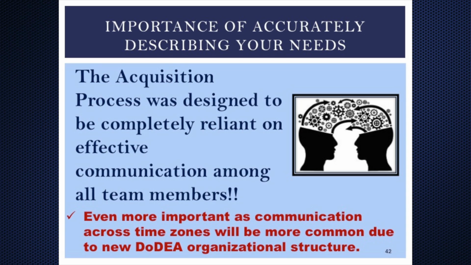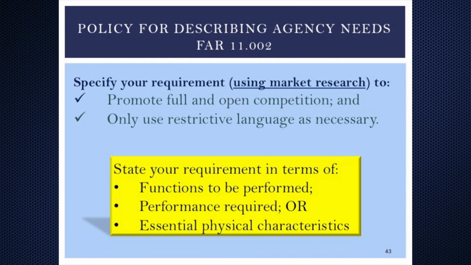It's even more important that we find ways of adapting but maintaining that effective communication. So when you're talking about these 4 to 6 documents, call it the minimum PR package. We're also calling it the bare bones package. Again, as I mentioned before, these 4 to 6 documents are about how you are describing your agency needs.